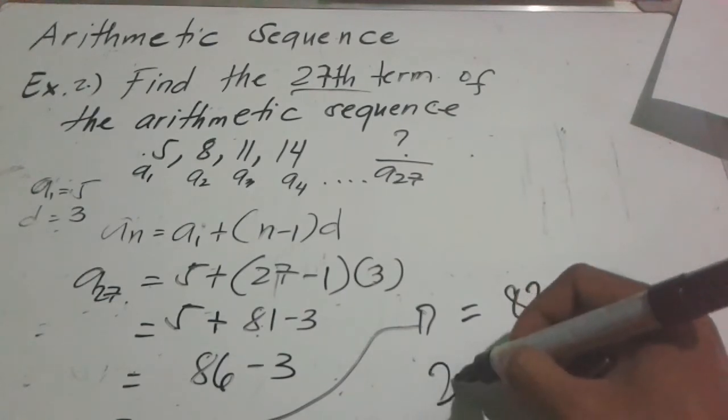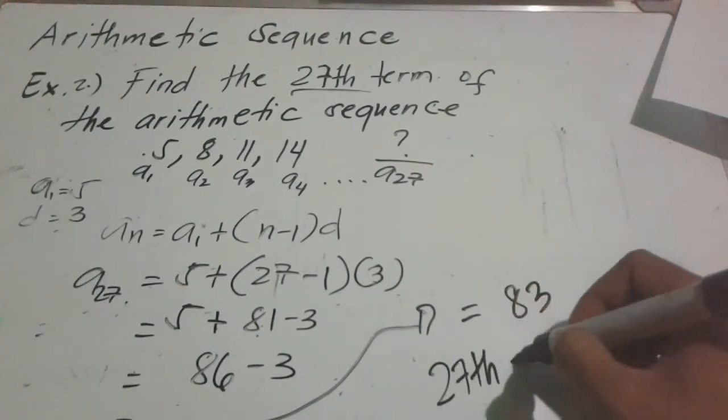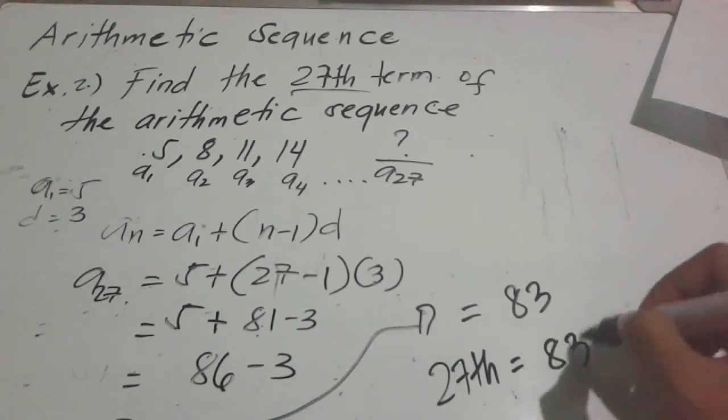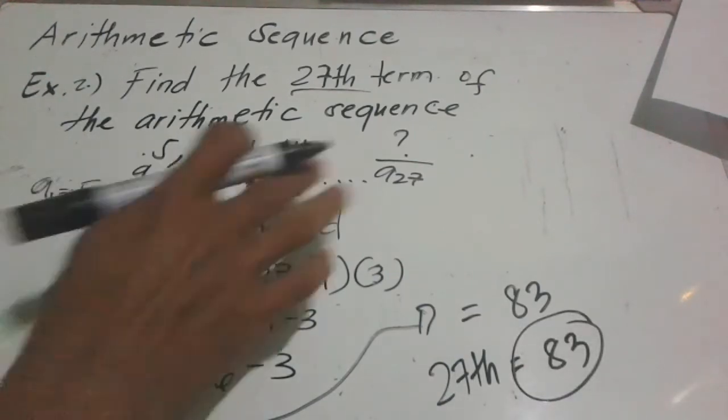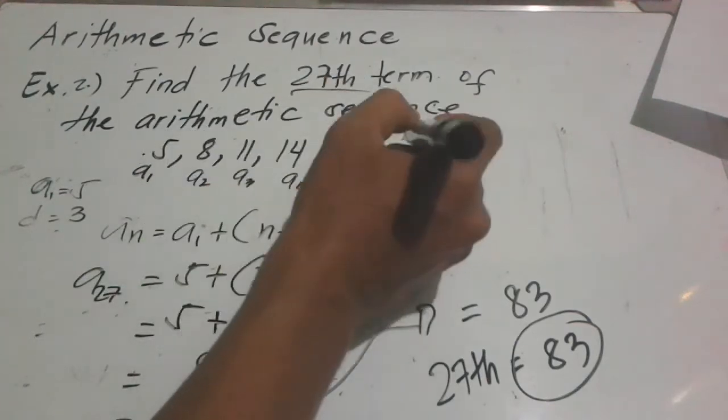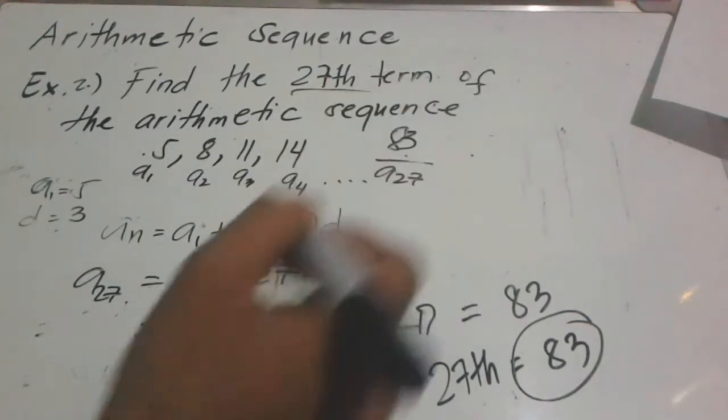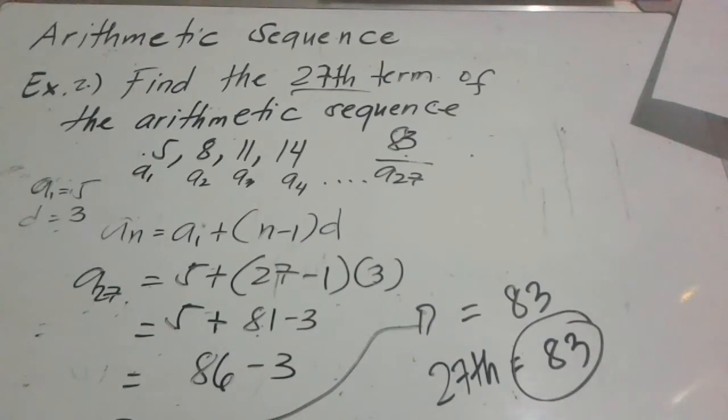Meaning, ang 27th term natin ay 83. So, yun yung 27th term. Pwede natin sulat doon, 83.